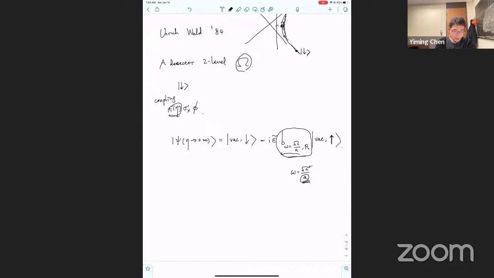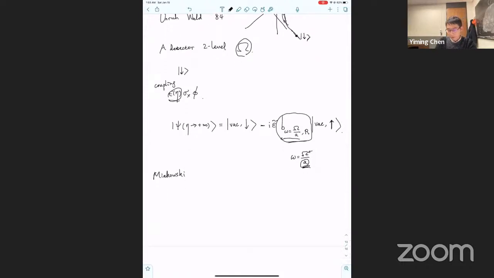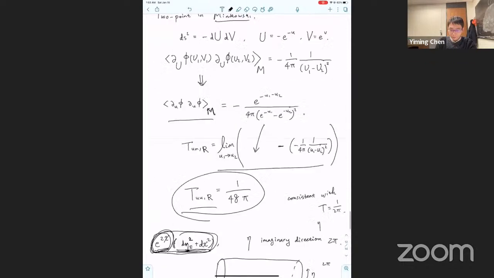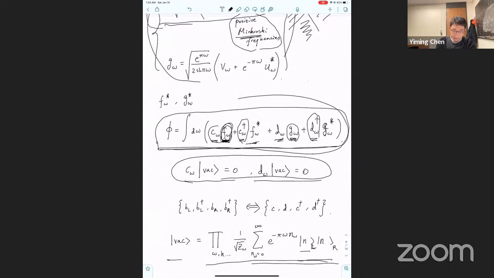Now, to understand what a Minkowski observer will actually observe, we can do a very simple thing: express this b operator in terms of the creation and annihilation operators that I defined here as the c operators and d operators, because those operators have a clear property with respect to the Minkowski time.